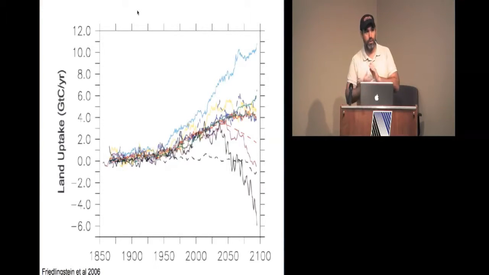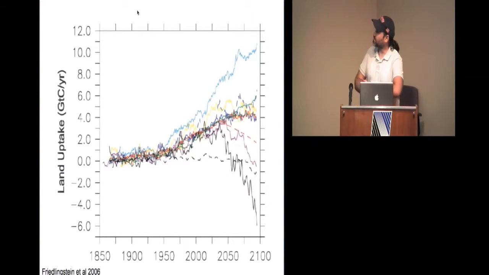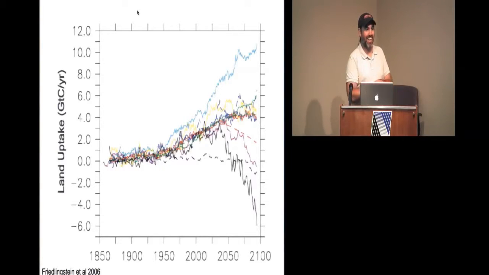These are models run interactively with an ocean, so a fully dynamic ocean, fully dynamic atmosphere, fully dynamic land surface. And what happens, to put it briefly, is we have no clue what's going to happen at the end of the century.